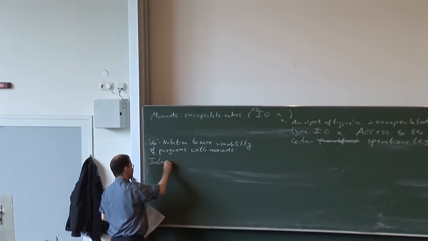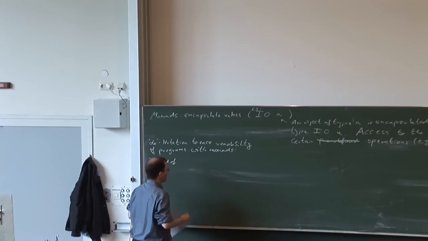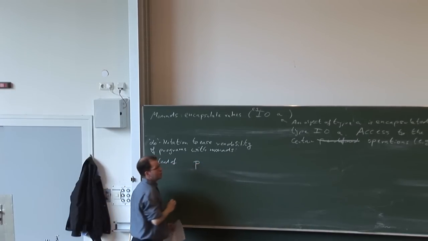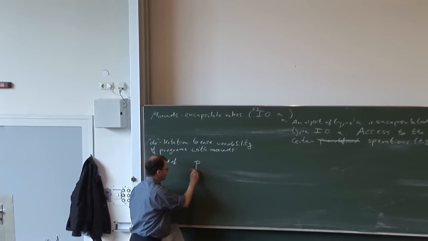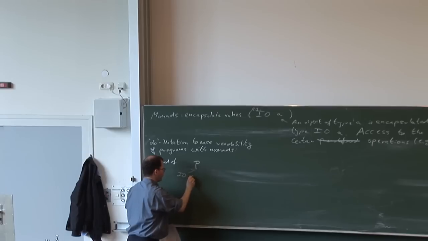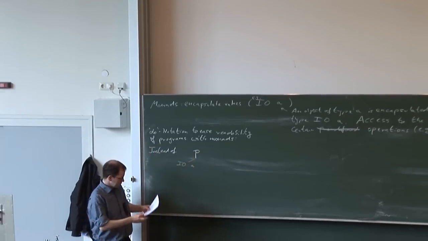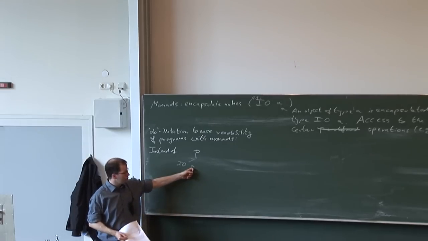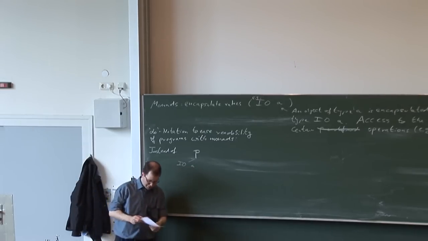So instead of something like this: first you do an action P of type IO A. So this is an IO action, and during this IO action, a value of type A is determined or encapsulated.